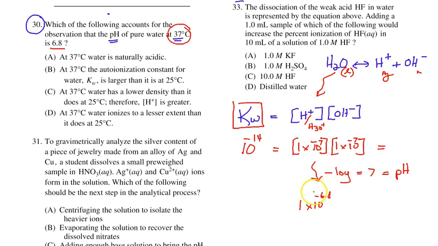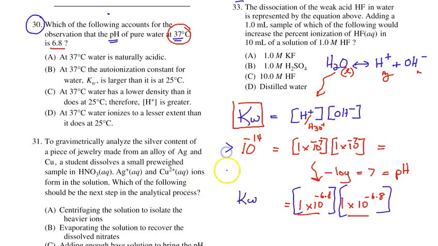If we're still at pure water, then this guy should be 1 times 10 to the negative 6.8 as well. And the only way that two numbers that are bigger, if they're multiplied together, that would mean that my Kw is bigger than 10 to the negative 14.